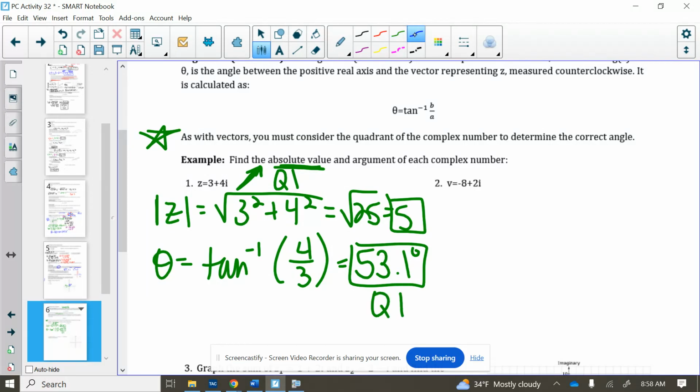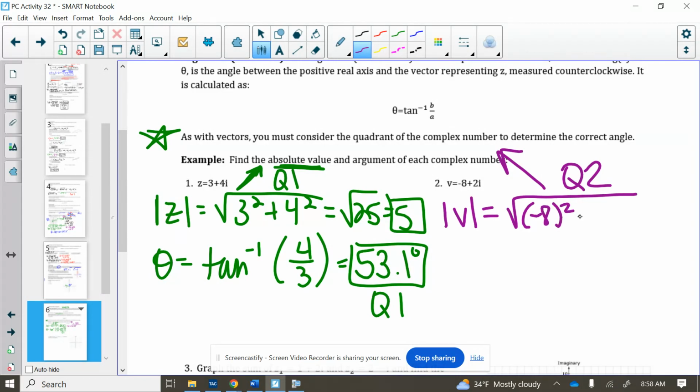For our second example, vector v is going to the left and up, excuse me. As we graphed on the last one, this is going to be an upward-facing quadrant 2 value. So to find the absolute value, we are going to take the square root of 8 squared plus 2 squared.